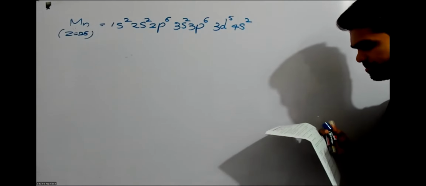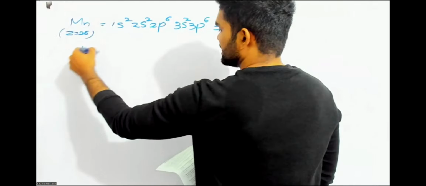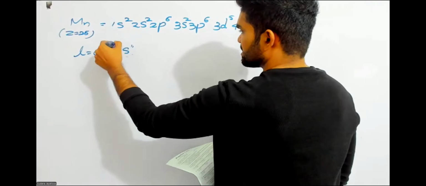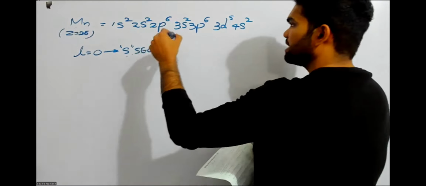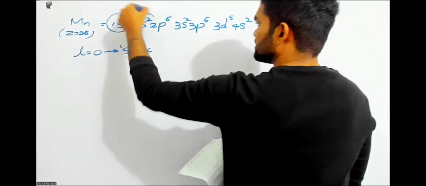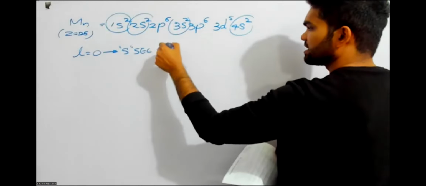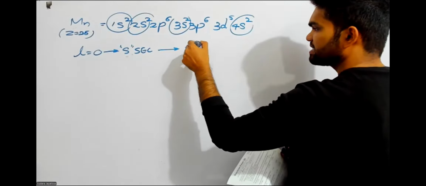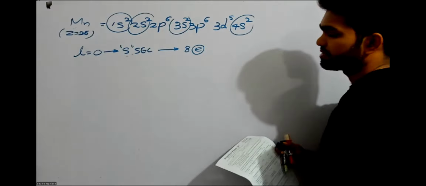This is how we write it. Then L equals 0 means S sub-energy level, S orbitals. There are actually 8 electrons in the S sub-energy level.